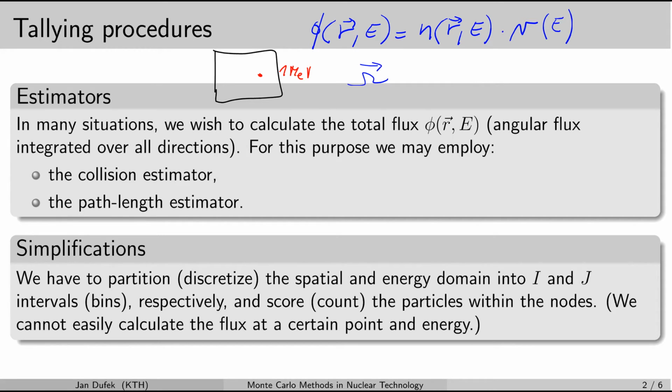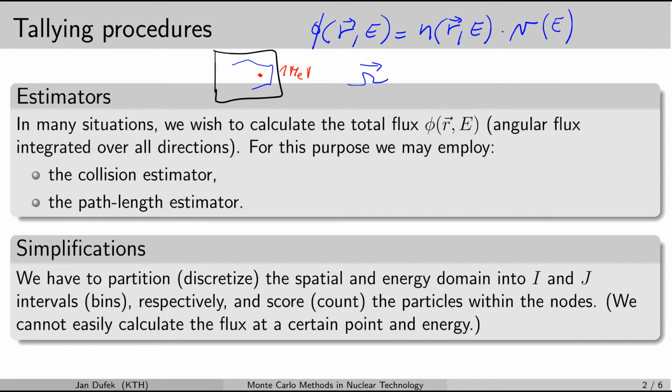It has for instance several meters across, and that may be a problem, because if you simulate random neutron histories, you may be practically sure that none of the neutrons will cross exactly the position that you want to calculate the neutron flux at. And even if one does, it will surely not have exactly 1 MeV.